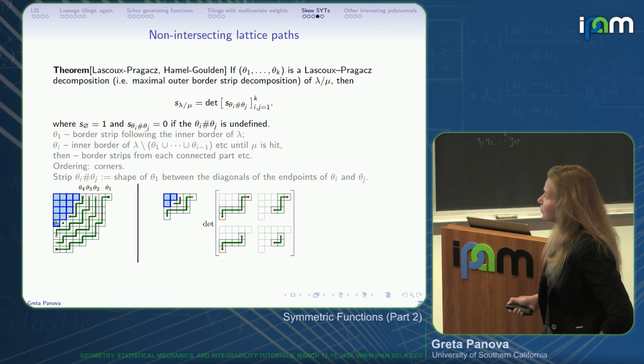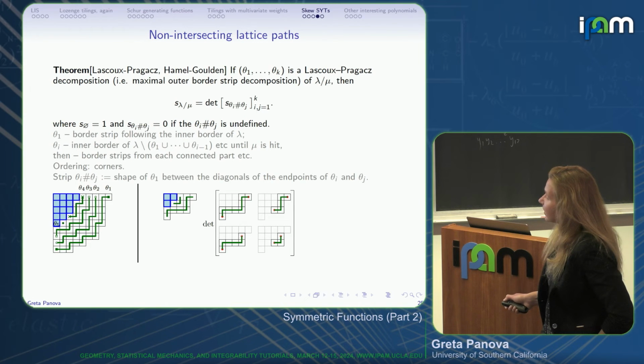If we want to compute the Schur function here, we're going to cut the shape like this. And the determinant is going to be defined by matching the endpoints of theta i and theta j, depending on which diagonal they are on. So the first entry here is just this ribbon. So we're going to calculate the Schur function of this shape.